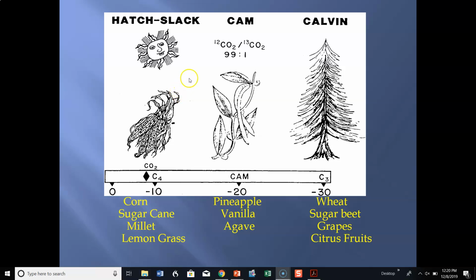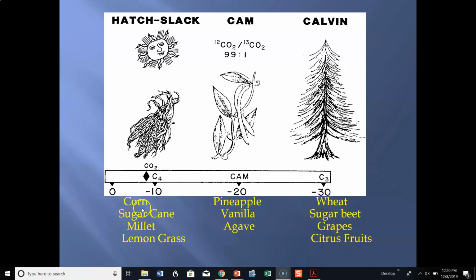And in this next slide, we have 3 different metabolic pathways that plants will tend to work under for their metabolism: Hatch-Slack, CAM, or Calvin. So different types of plants have slightly different metabolic routes, and the slightly different metabolic routes have a property of incorporating more or less carbon-13.